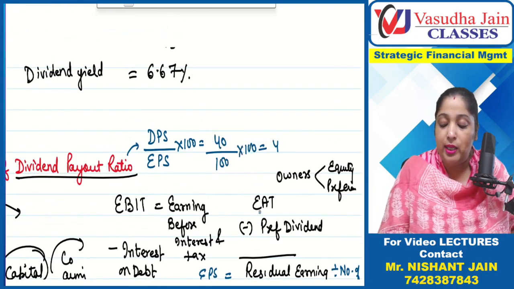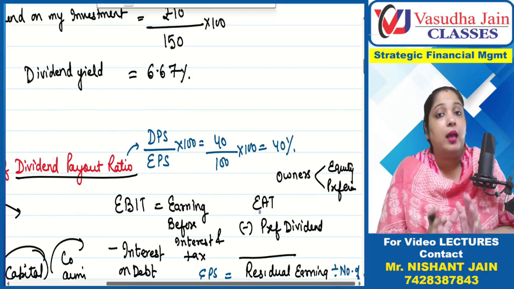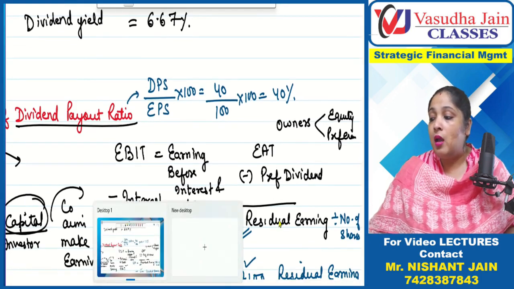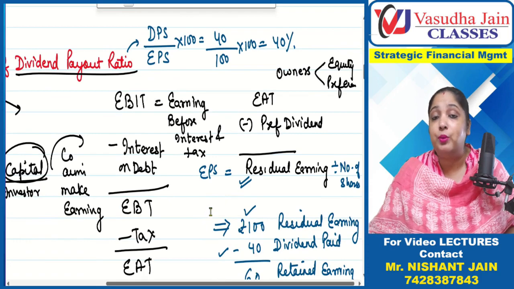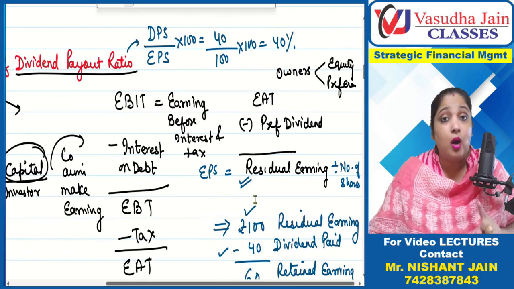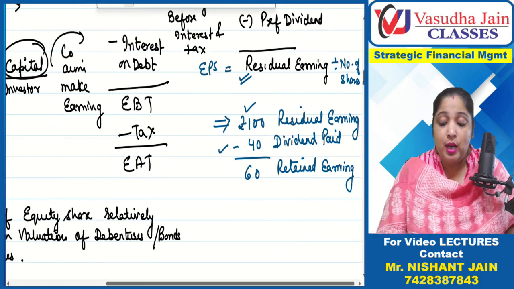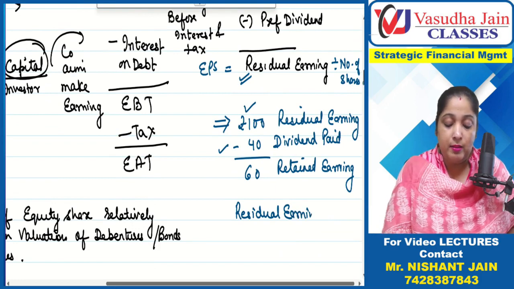So basically 40% is your dividend payout out of the earning which the company has earned for you. And also please see here, how EPS, earning per share, is computed. Earning per share is computed not by dividing retained earning, but from residual earning. Let me write it here.